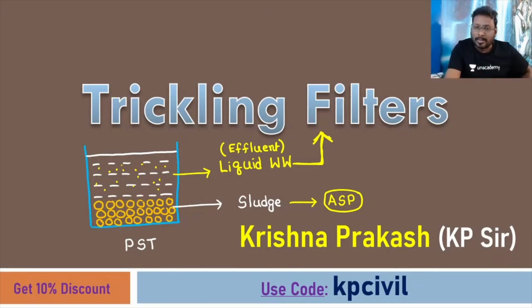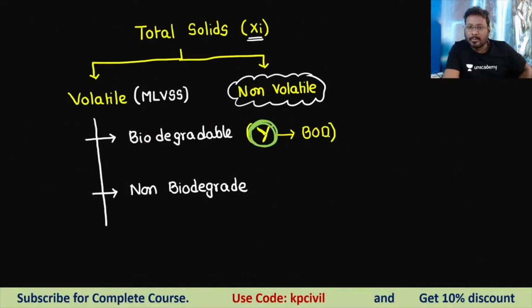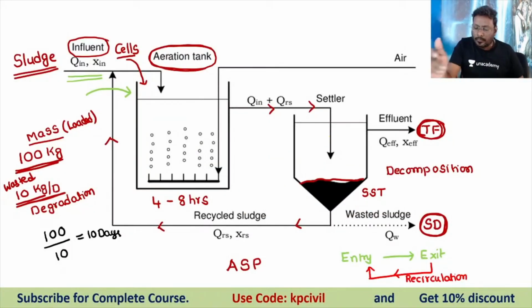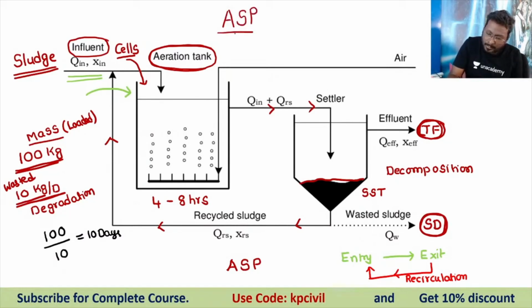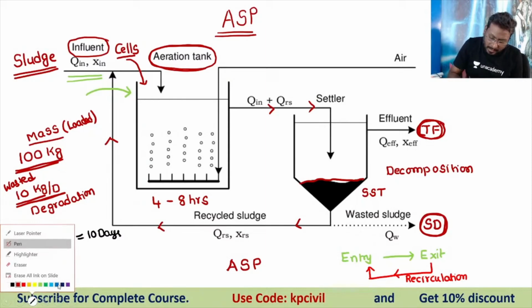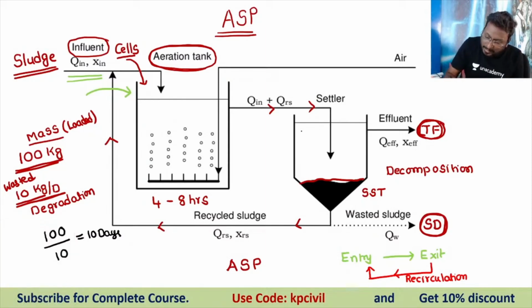And also, from the secondary sedimentation tank after ASP, this is a chart of the activated sludge process. Settling occurred here or not? Settling occurred. Secondary sedimentation takes place.